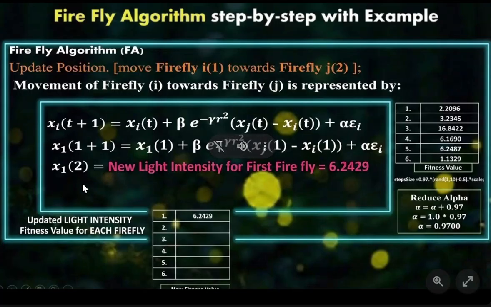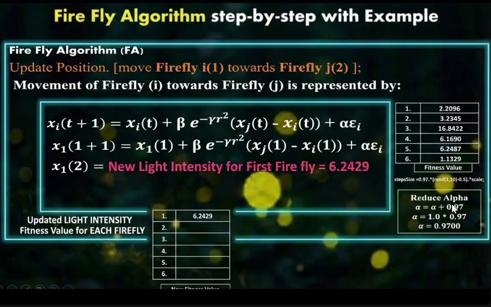Using this function, we can see the new light intensity for the first firefly turned out to be 2429, and the reduced alpha is 0.97. This formula includes the current position, the attraction pull towards the brighter firefly, and the random walk component, which is given by alpha times epsilon i.